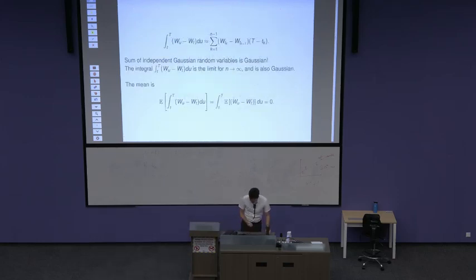Here I'm not yet letting delta t go to 0. I do this in a later step. So what I have shown first is that the integral on the left-hand side, the one we started with, is approximately the object on the right-hand side.